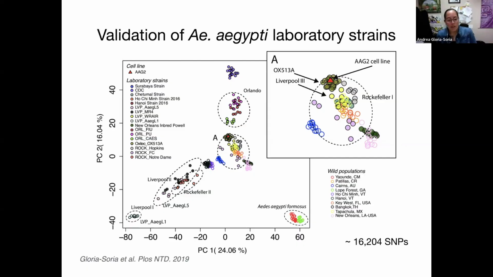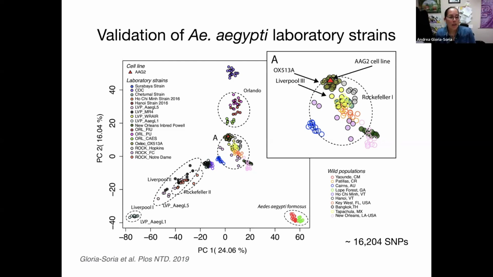But in the laboratory, things happen. And here is a figure from a paper we published in 2019 using our SNP chip to genotype several laboratory strains from fellow labs.